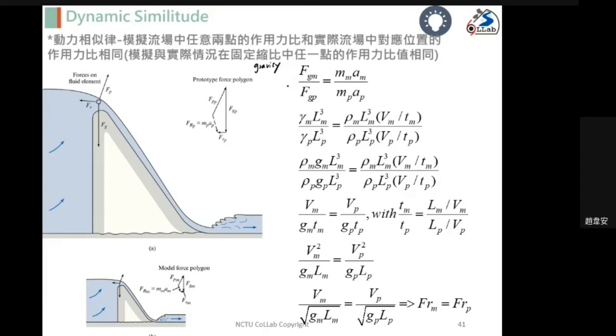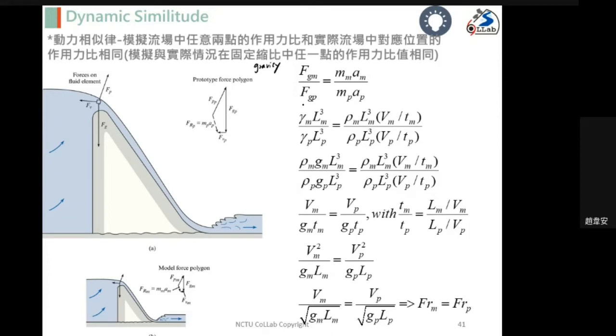We know the gravity force for the model is F_Gm, and the gravity force for the prototype is F_Gp, and we know that force equals mass multiplied by acceleration.